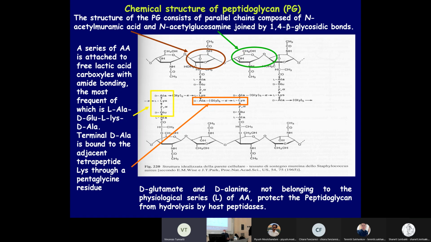Just a glance at the chemical structure of peptidoglycan. As I told you before, peptidoglycan is a natural polymer.